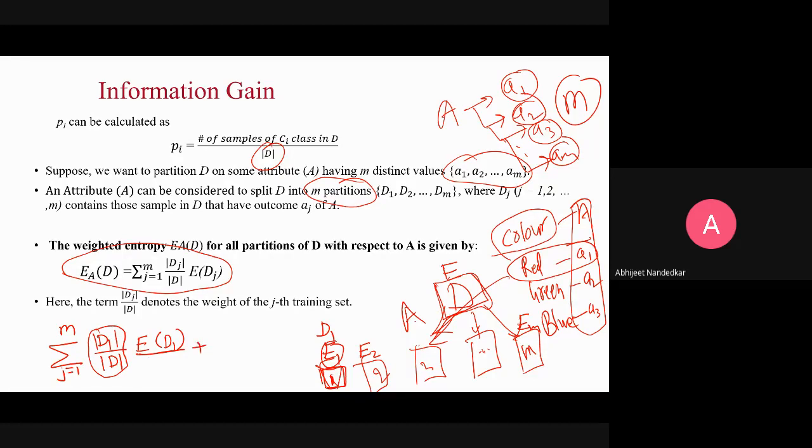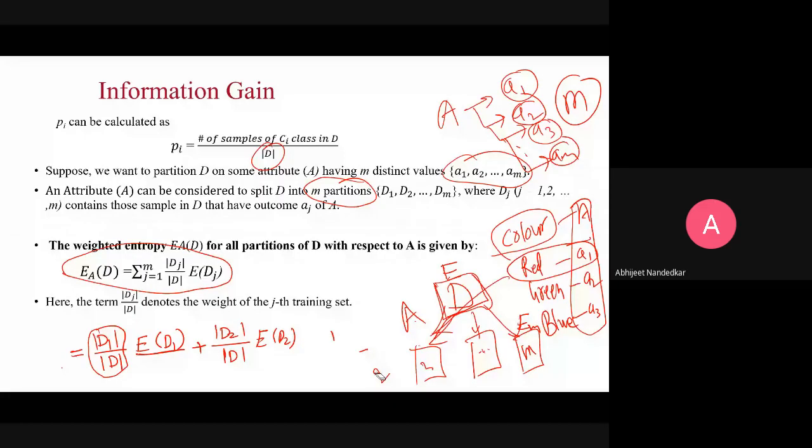Then I can write the same for D2, multiplied by E of D2, and so on till the last division.